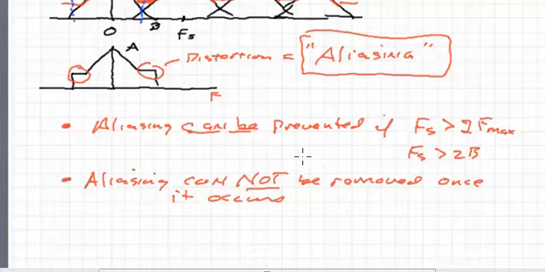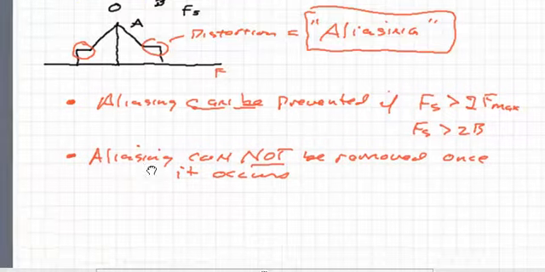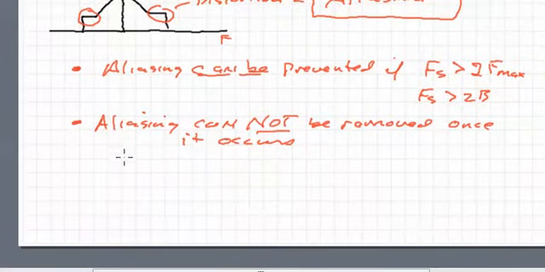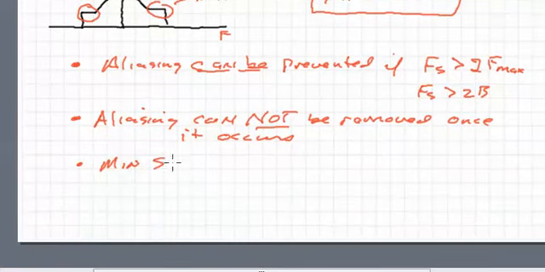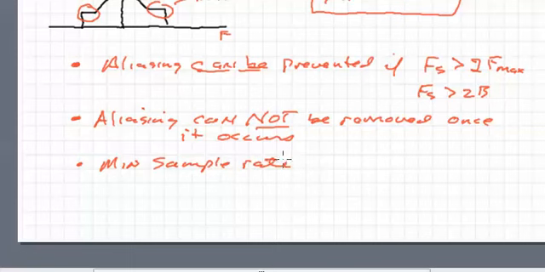This is really super important. The minimum sample rate, I'm going to call it f sub N, is 2 fs.